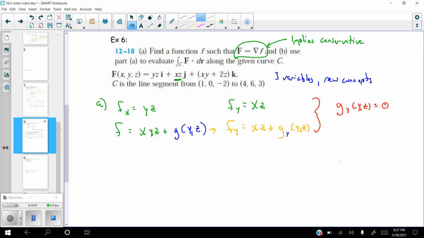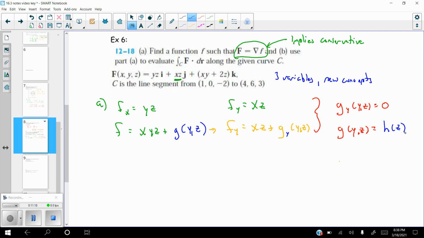Well, that means that the antiderivative with respect to y is going to be some function of y,z, and that's going to equal a constant, but the constant could also be a function of z. So this piece right here could be any function of z, because when you take the derivative of that, once again, with respect to y, the z part is going to go away.